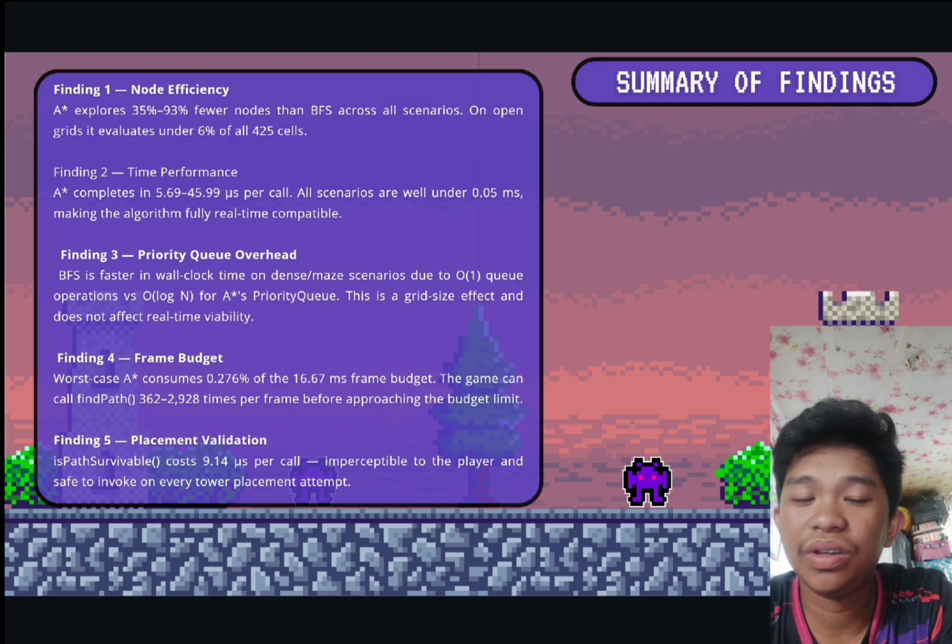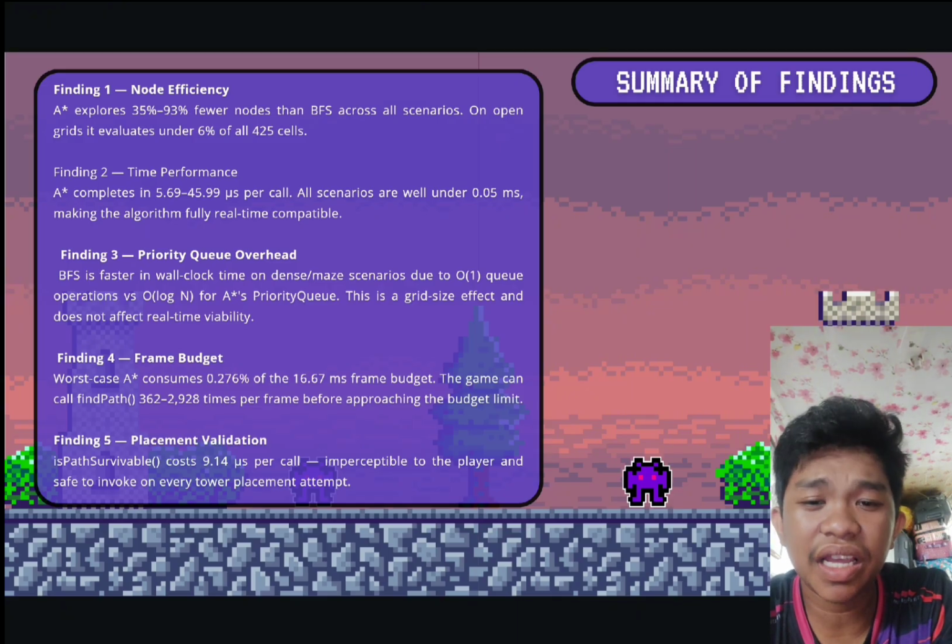Finding 2. Time performance. A-star completes in 5.69 to 45.99 microseconds per call. All scenarios are well under 0.05 ms, making the algorithm fully real-time compatible.